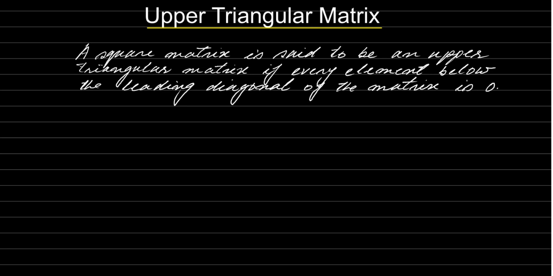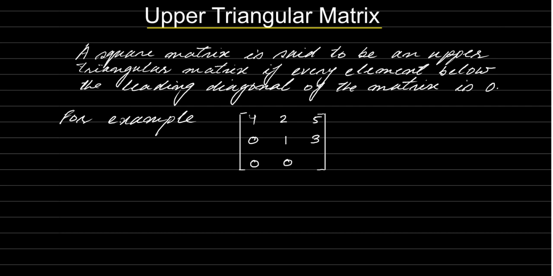For example, 4 2 5, 0 1 3, 0 0 2. So as you see, in this square matrix of order 3 by 3, every element below the leading diagonal is 0. So this is an upper triangular matrix.